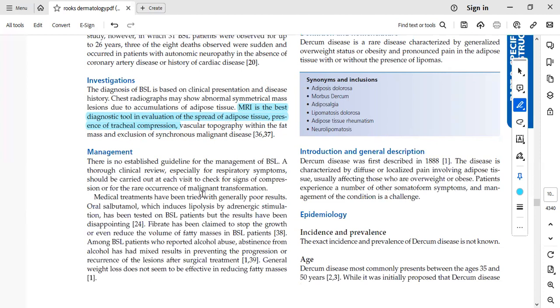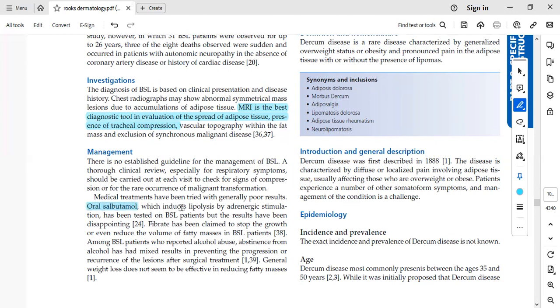And the management: there is no established guideline for the management of BSL. A thorough clinical review, especially for respiratory symptoms, should be carried out at each visit to check for signs of compression or for the rare occurrence of malignant transformation. Medical treatments have been tried with generally poor results. Medical treatments include oral salbutamol.